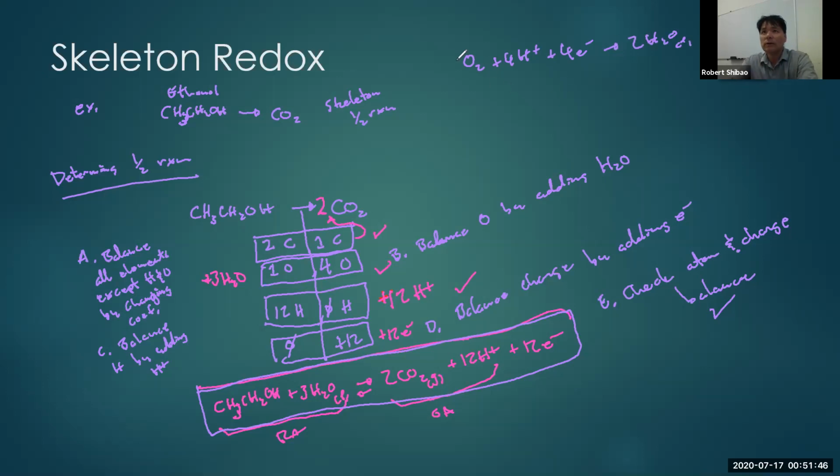And so we could use oxygen as the oxidizer here and then combine these two half reactions. So this would be an example of this particular reaction. Here, this one's gaining 4 electrons. This one's losing 12 electrons. And so this one, I need to multiply by 3 to get the electrons to match.